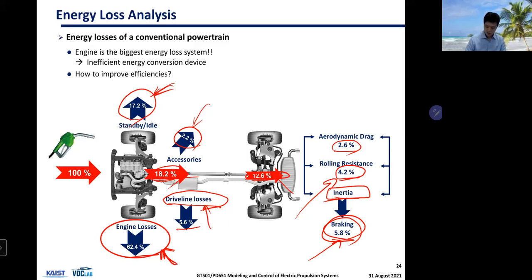Or you could also improve 10% of driveline losses. How does that relate to actual fuel economy, which is the fuel input to the system? So which one do you think has a bigger impact on the fuel economy? Okay, let's talk about it on Tuesday.